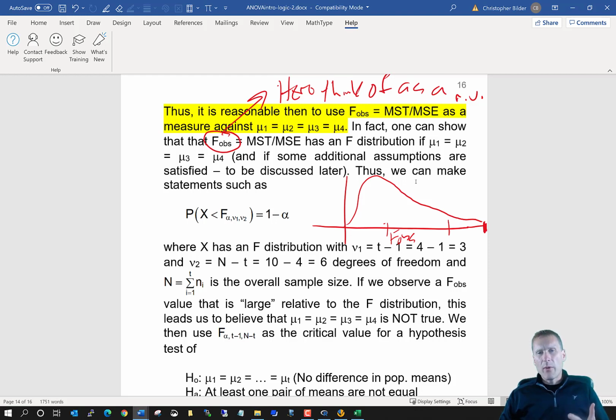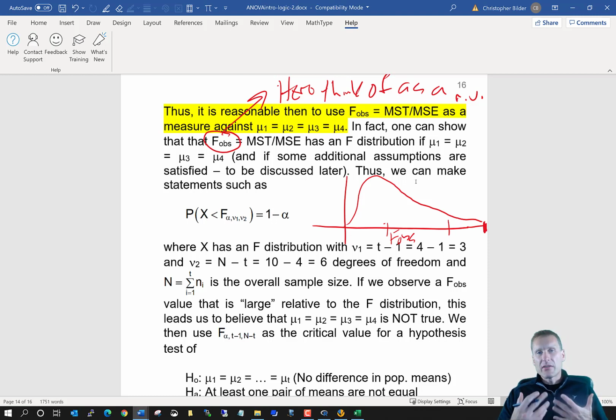Then that should tell you, wait a second. It would be very unusual for me to get a value of F obs this large if the null hypothesis was true. So I wouldn't be surprised if the null hypothesis is not true. And that's the logic that we work with. It's the same logic that we work with in any hypothesis test.